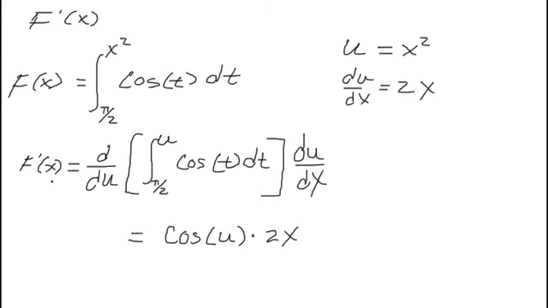This is equal to, we're just carrying this down, f prime of x. But don't leave a u here. We need to go back and substitute back in, so this becomes cosine of x squared. And I guess it'd be appropriate to bring that 2 over there, I suppose.